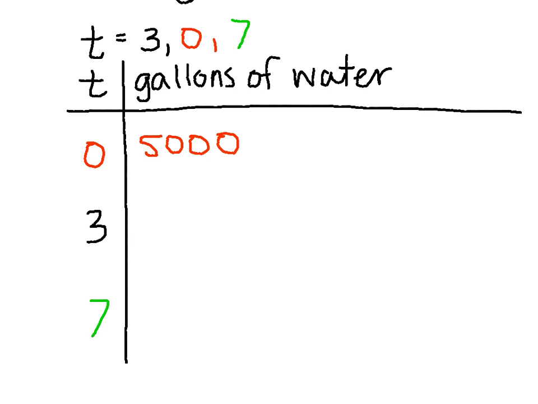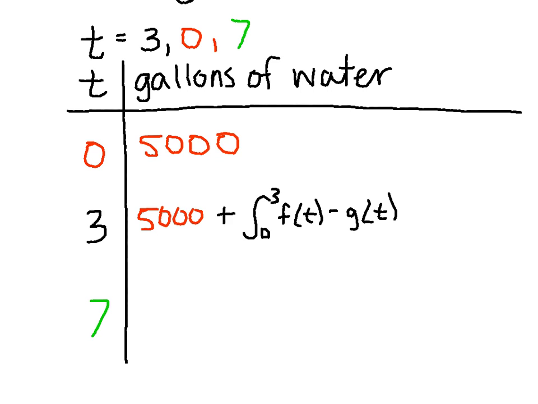Now, to find the amount of water at t equals 3, you have to use the initial condition, and then you also have to add the integral from 0 to 3 of f of t minus g of t.